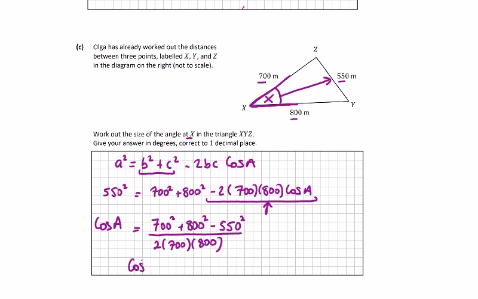So the inverse cos of this whole expression will give the size of the angle. So the inverse cos of that whole expression, which simplifies down to 331 over 448 when I type it into a calculator. So the inverse cos of this simpler fraction is 42.4 degrees to 1 decimal place.